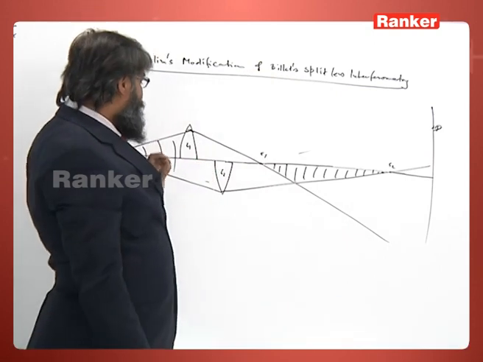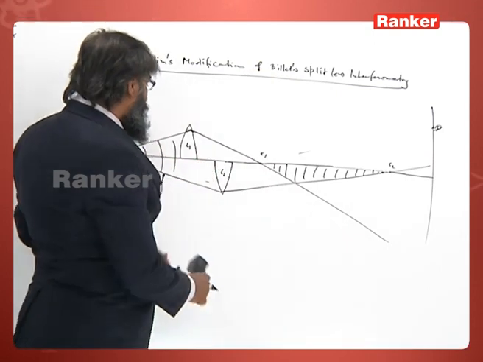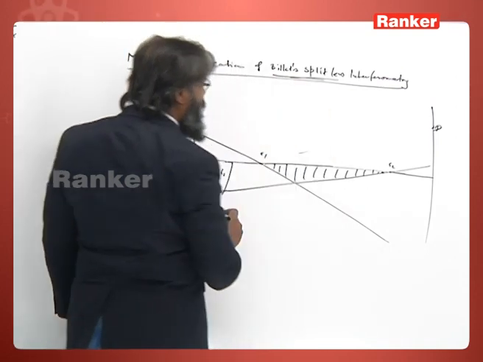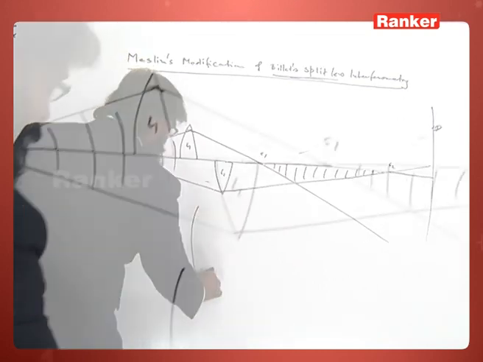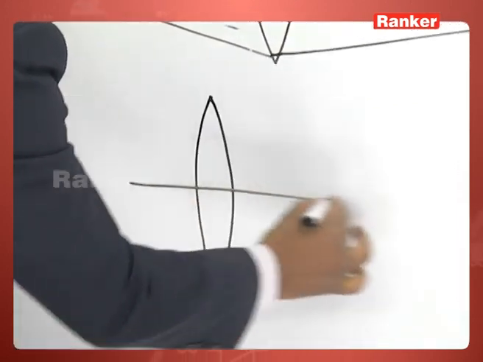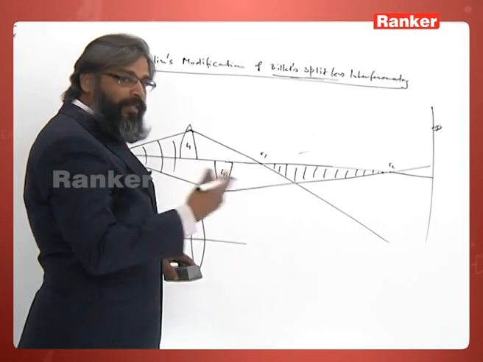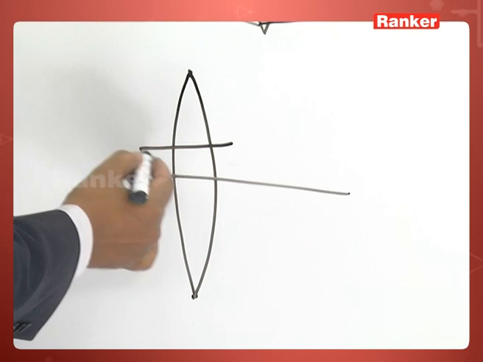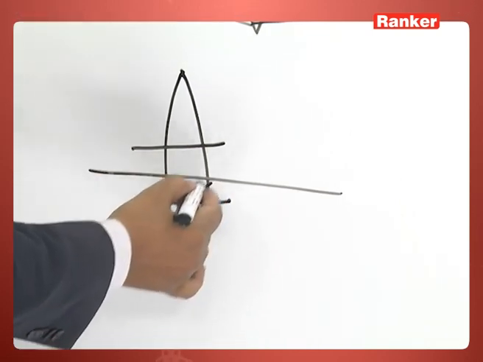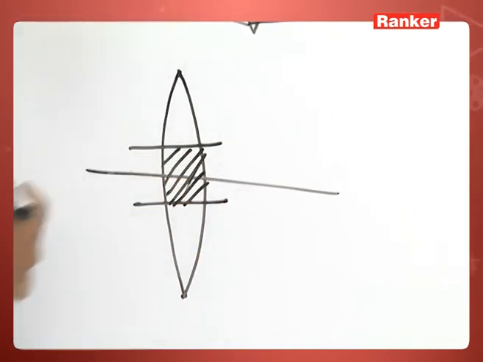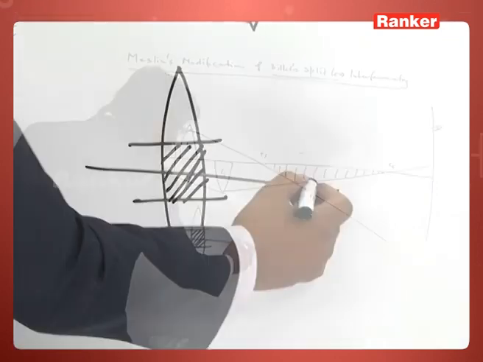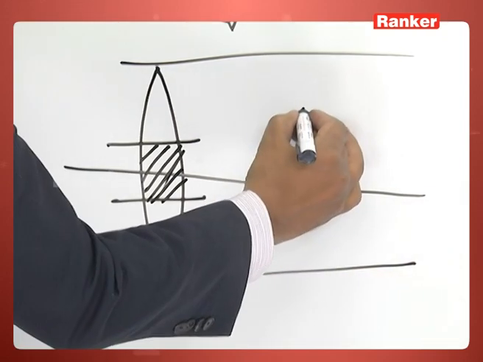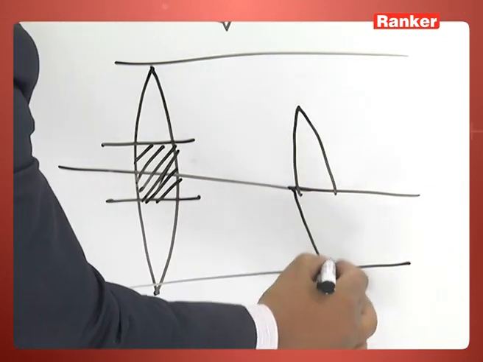Now let us see another type of arrangement somewhat similar to Billet's split lens, in which this is my lens. This is not Meslin's modification, it is another modification we are going to study. This is my lens, and now I have cut out this portion. This portion has been removed, and then I will put my lens here.